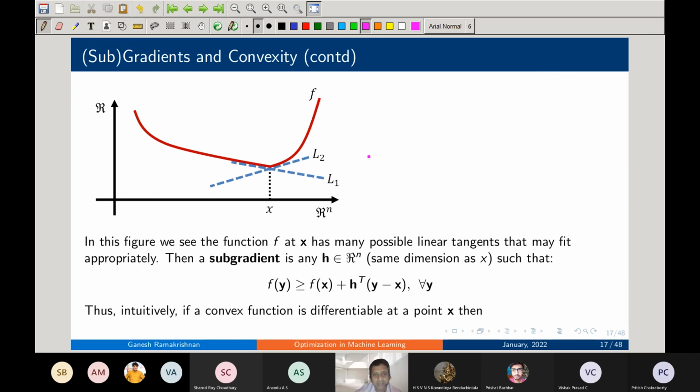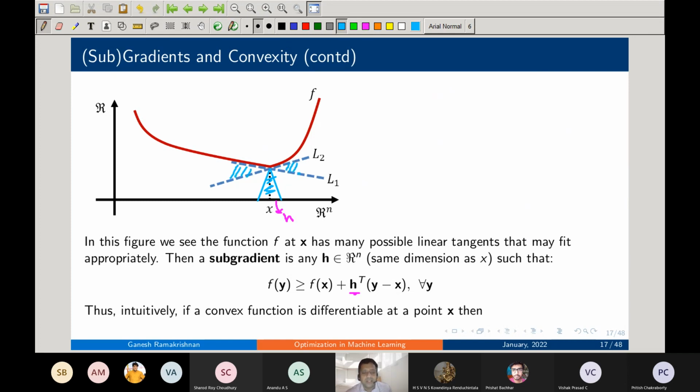I've now shown this for an arbitrary convex function which is not differentiable everywhere. There could be this h which could belong to this large space, corresponding to all these normals. There could be a whole bunch of h sitting here, which give you a corresponding notion of hyperplanes.